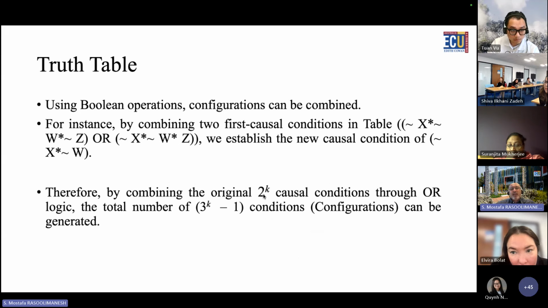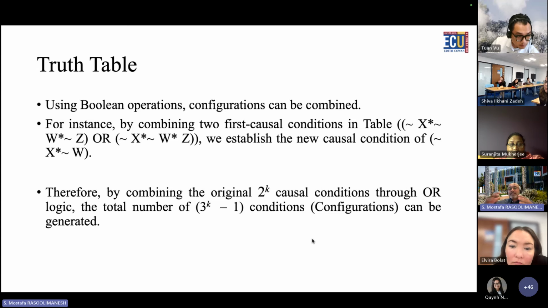Originally we have 2 to the power of k causal combinations, but using logical OR and AND, we can create 3 to the power of k minus 1 different conditions that do not necessarily include all factors. It can be only 2 factors or only 1 factor.